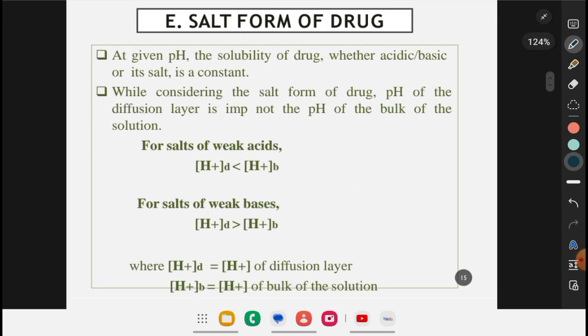Then coming to the salt form of the drug. At a given pH, the solubility of a drug, whether basic or acidic, or its salt form, is constant. If you are considering the salt form of a drug, the pH of the diffusion layer is important, not the pH of the bulk of the solution.